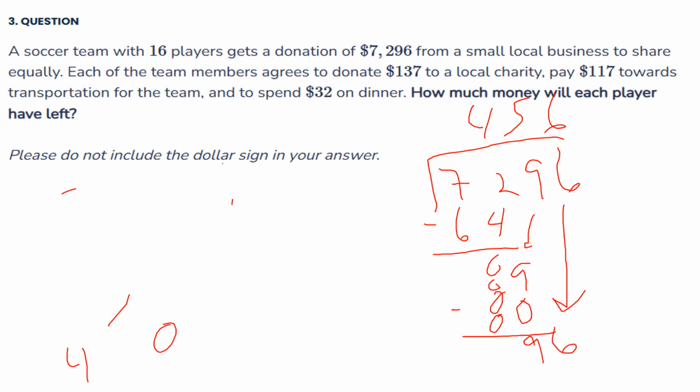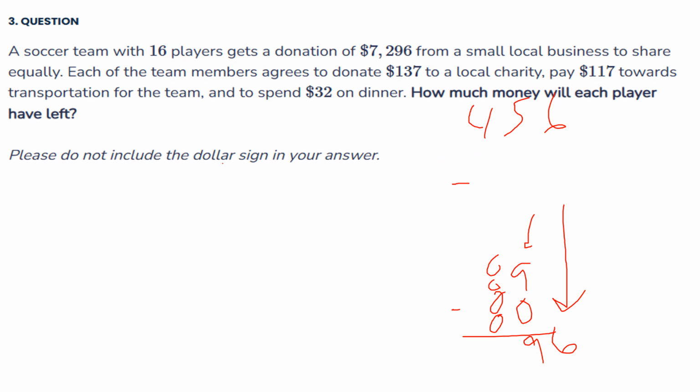Since we know that each player gets $456, we could go ahead and start subtracting all of those expenses that each player is going to incur, starting with the donation. Each of the team members agrees to donate $137.